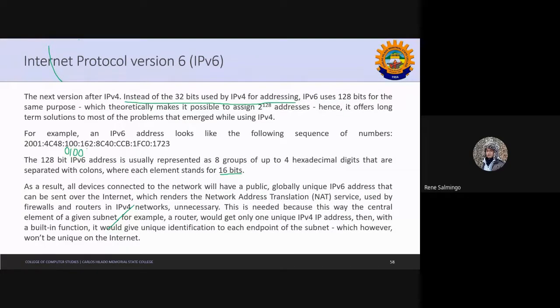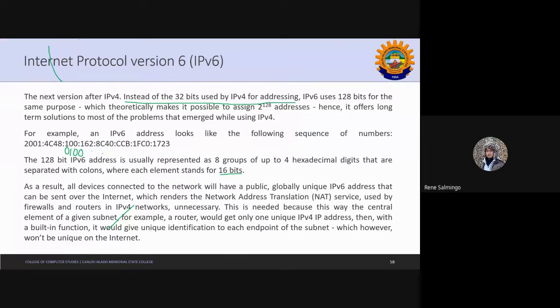The same with this 0162: when you write it, it's going to be just 162 hex. This is what they mean by 4 hexadecimal digits.